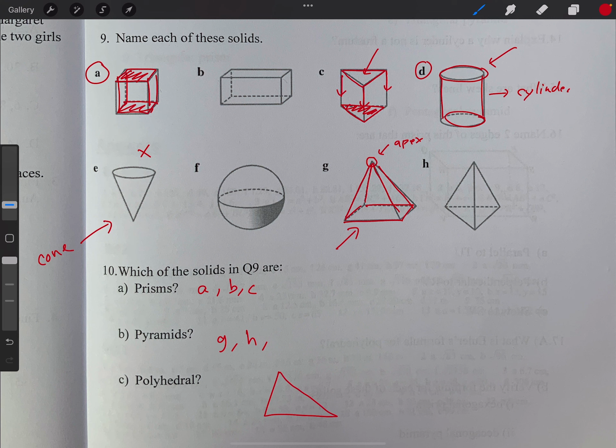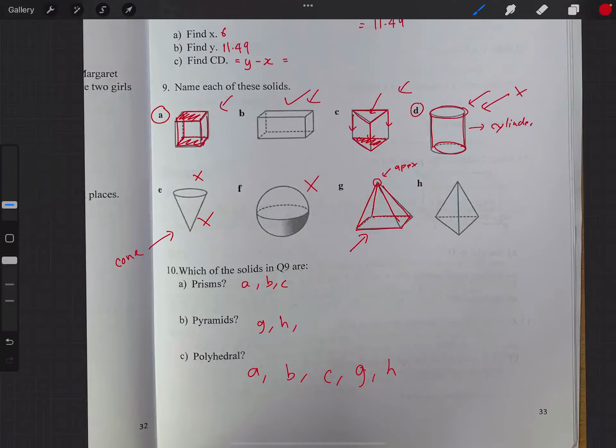So which of these figures are polygons? Well, this is one of them. So you can say, for example, A is one, B is another one, C is another one. This has curved lines, so we don't count. This has a curved line, this is not, and you can say G and H. These are all polyhedrals.